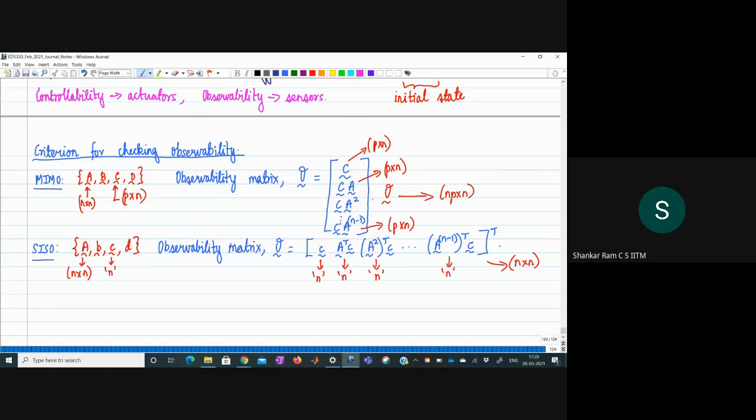So now, what is the criterion? The system, whether a MIMO system or SISO system, is completely observable if and only if the rank of the observability matrix is n.